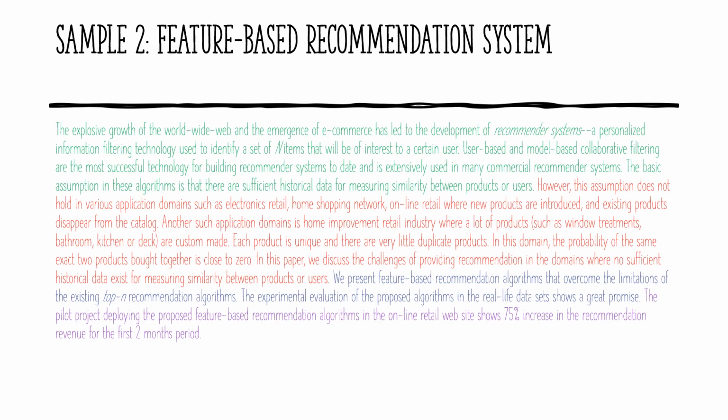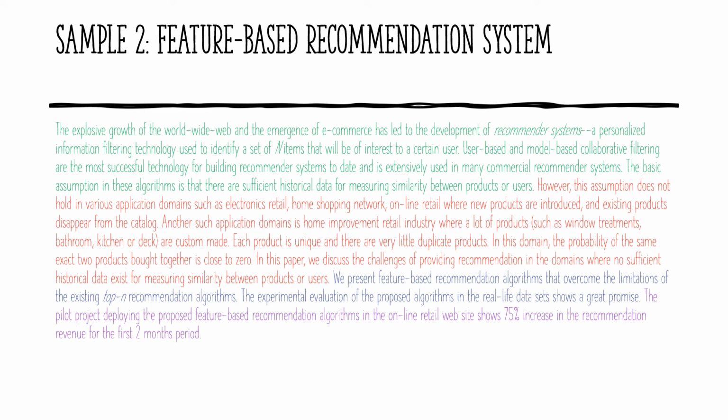Sample two: a feature-based recommendation system. The green one there, the explosive growth of the world, is the background. The basic assumption in the algorithm is that there is sufficient historical data for measuring similarity between product users. That is the introduction, the background of the study. However, the assumption does not hold in various applications.